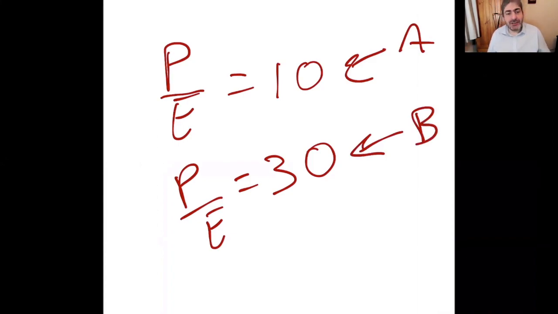In both cases, we know the price that people are willing to pay for a stock or for the market should be proportional to the earnings that you get out of the stock or the earnings that you get out of the market. So what does it mean that the price earning is 30 rather than 10? What is the economic difference between the situation B and the situation A? Anybody has any intuition in chat? Why sometimes we are willing to pay 30 times the earning per share and sometimes we are willing to pay 10 times the earning per share?